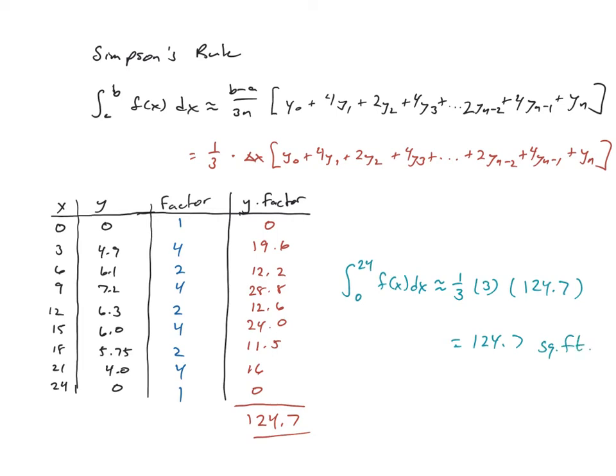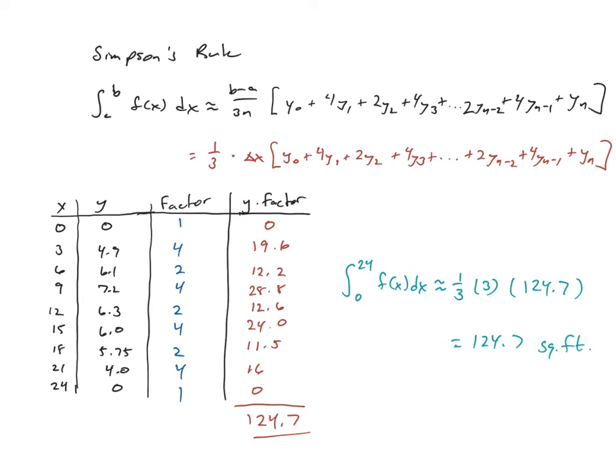Now, the other thing that's important to remember here is that trapezoid rule and Simpson's rule, while they are decent approximations and sometimes necessary, are not always needed. The first function I did with the trapezoid rule, we could have integrated and come up with the exact answer. But with this particular one, I don't have a function.